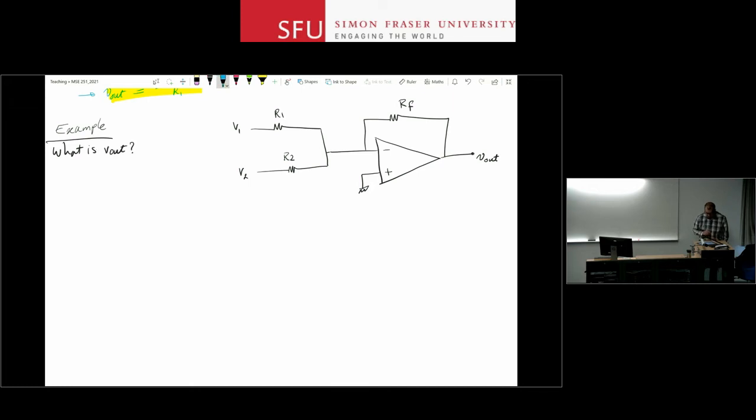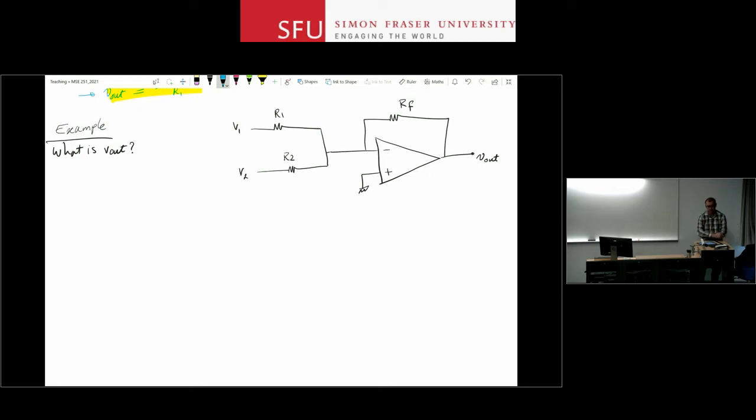So the question is, what is V out for this circuit, right? So now we have 2 independent voltage sources applied to the op-amp through 2 different resistors. We have a feedback resistor around the op-amp, and the question is, what is the output voltage?